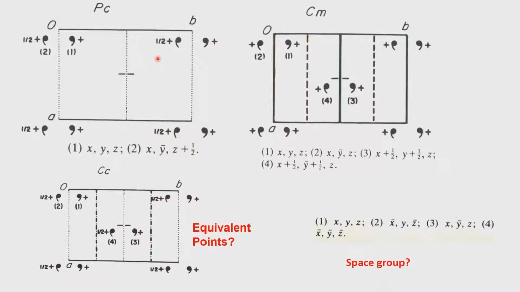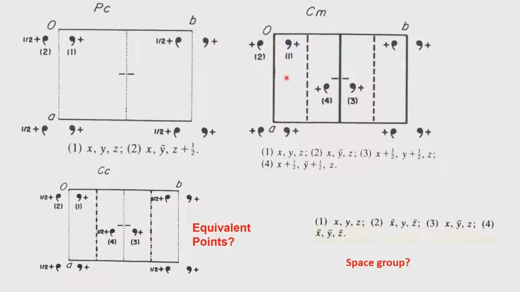Next we go to the mirror symmetry, but now we will change the lattice type to C. So now it is a C centered lattice in a monoclinic system. That means for every point x, y, z, you have a point at half plus x, half plus y, z.